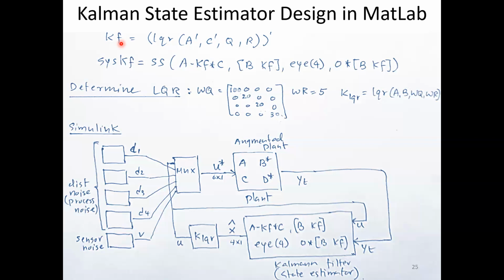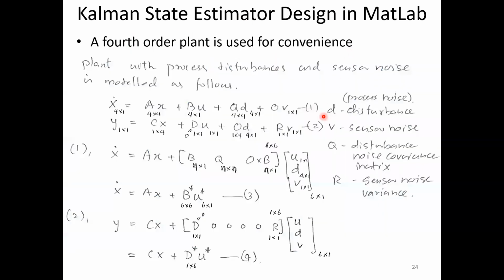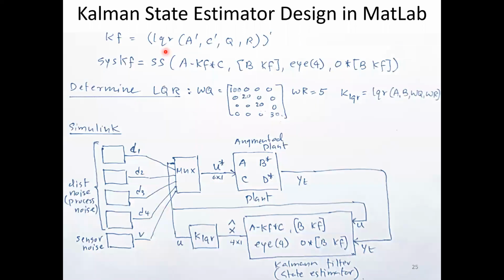When you launch this command LQR with these arguments of A, C, Q, and R, because you already know these values, right? Q here, R there, A and C are here. So with that, you can launch this LQR command. Watch out for these transposes and all that, because that's a requirement by MATLAB, right? To make the computations efficient. It generates the Kalman filter.